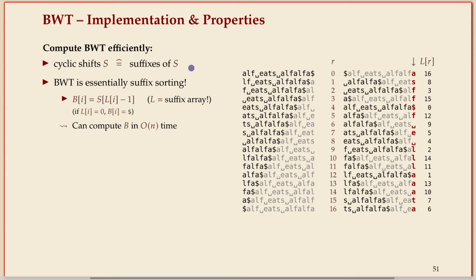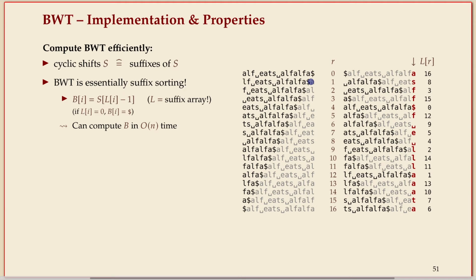We may note that these cyclic shifts are essentially the suffixes of the string. I grayed out the characters after the dollar sign here, which is just visible maybe. And if you think about it, if you compare two of these cyclic shifts in a lexicographic way, you will never compare beyond the dollar symbol because they're cyclic shifts.